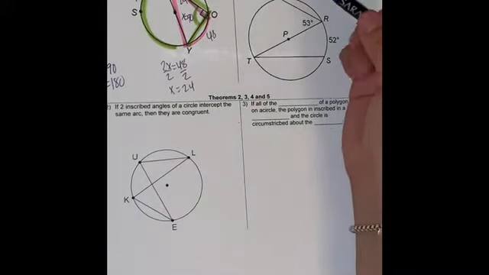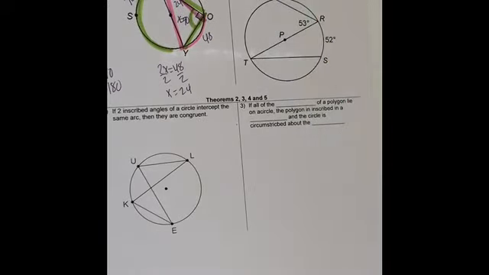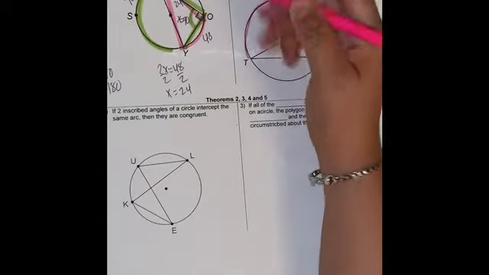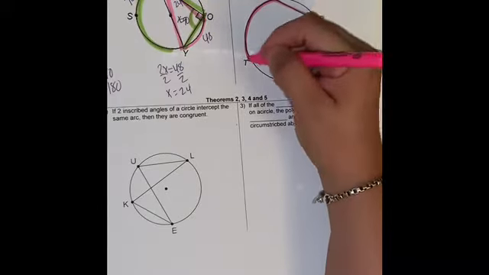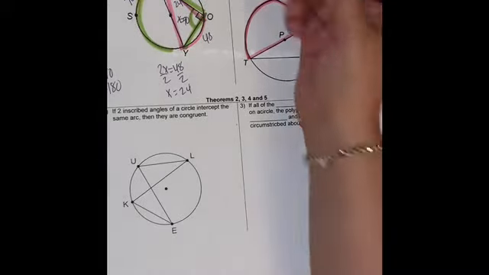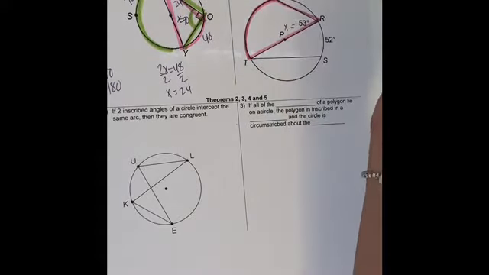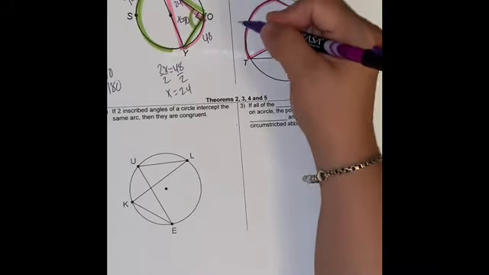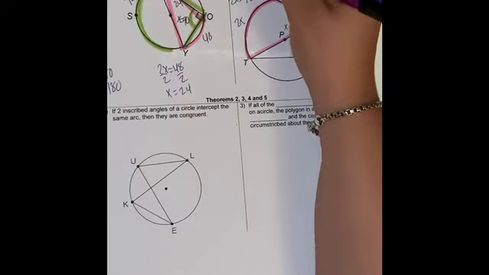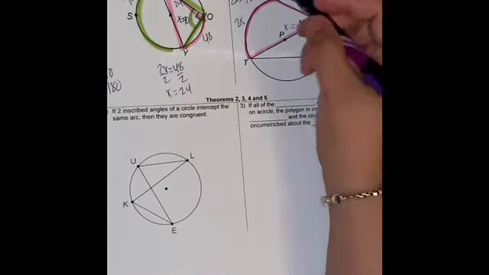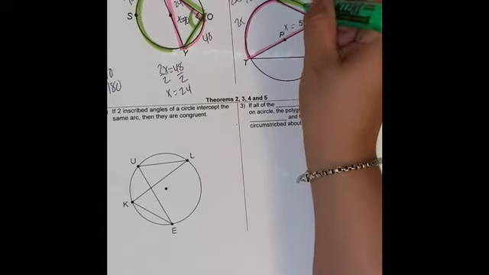Okay, next one, it says D is a measure of arc QT. So that means that this arc goes with this angle QRT. So x equals 53. And then this is going to be 2x. So 2x equals 106. That's 106. And then the measure of QR, let's highlight that, we need to find.